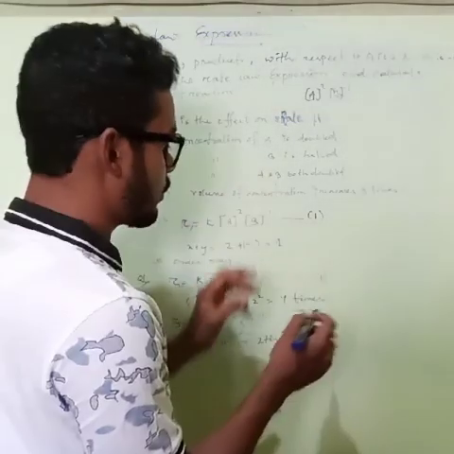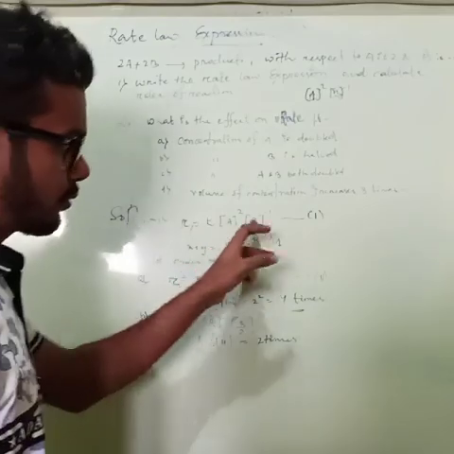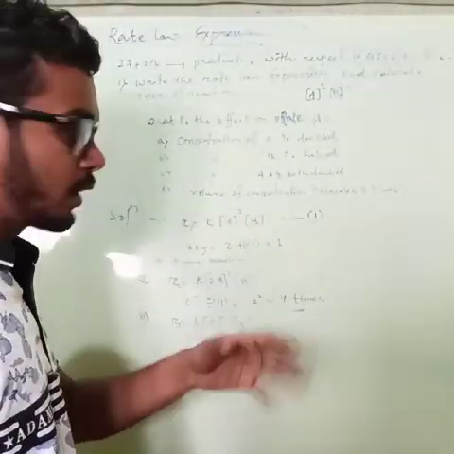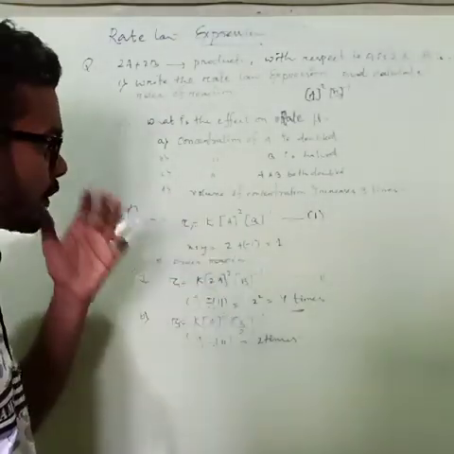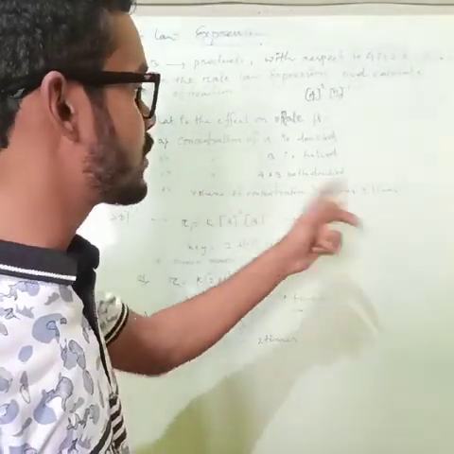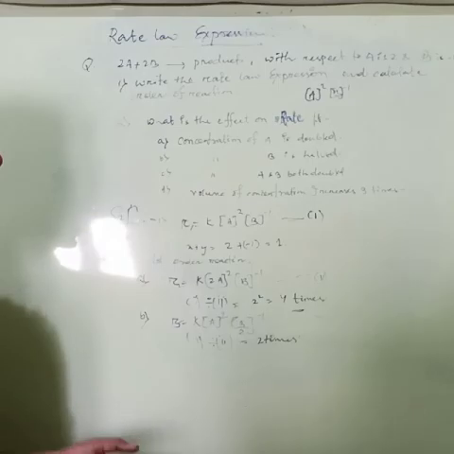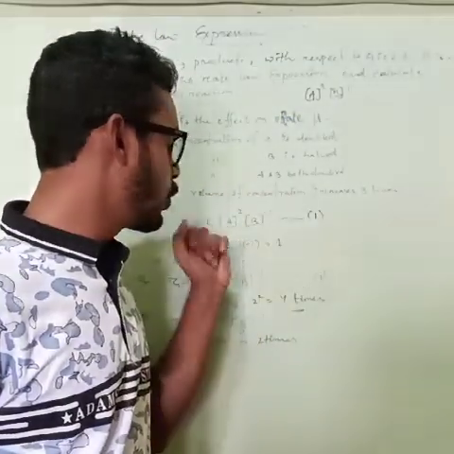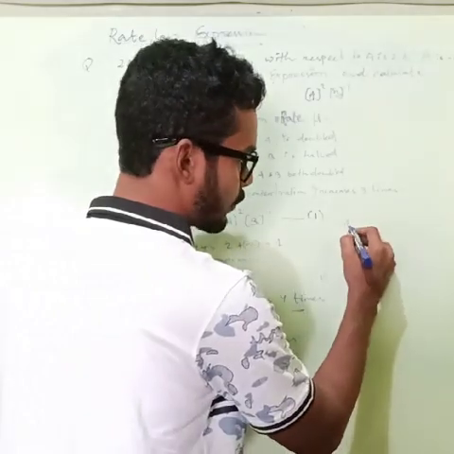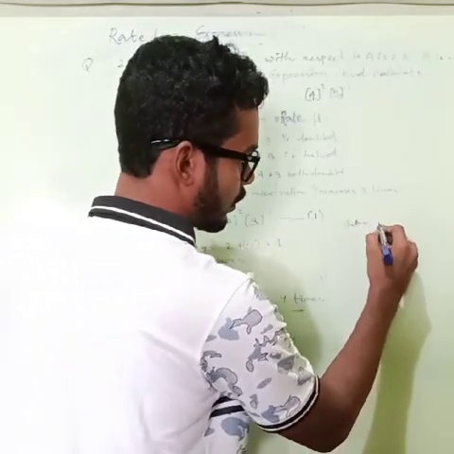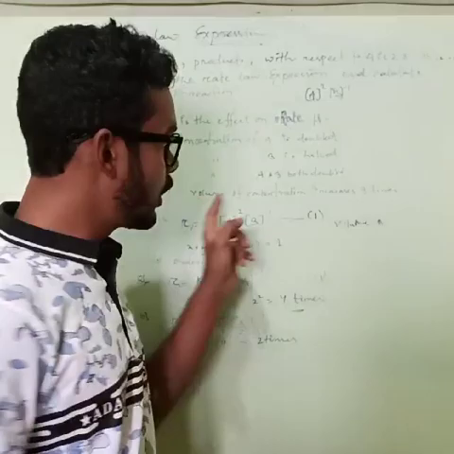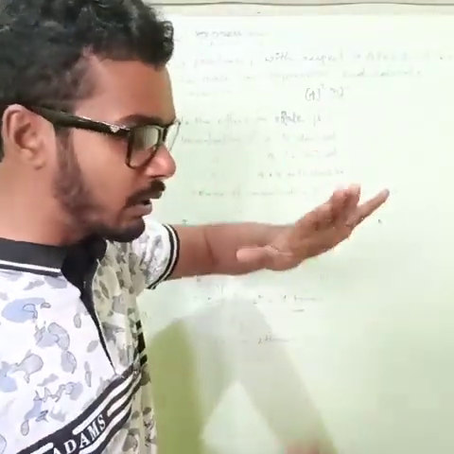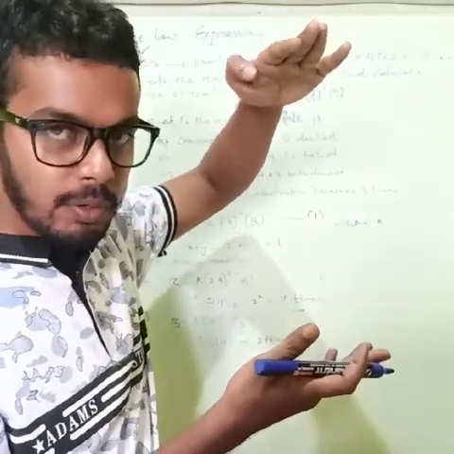If both are doubled, you have to double this 2. For D, I'll give some hints: the volume increases. What is the relation between concentration and volume? If you dilute it, the volume increases. You are adding water, so the volume increases. What will happen with the concentration?